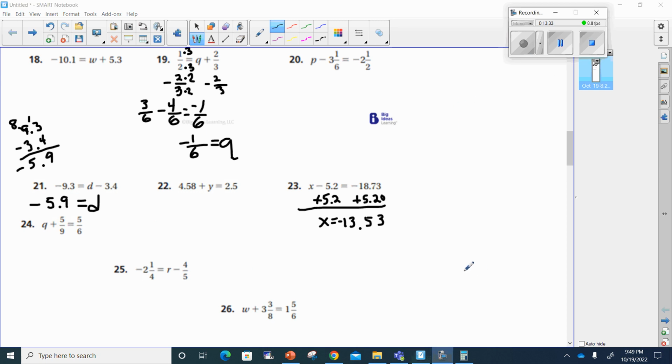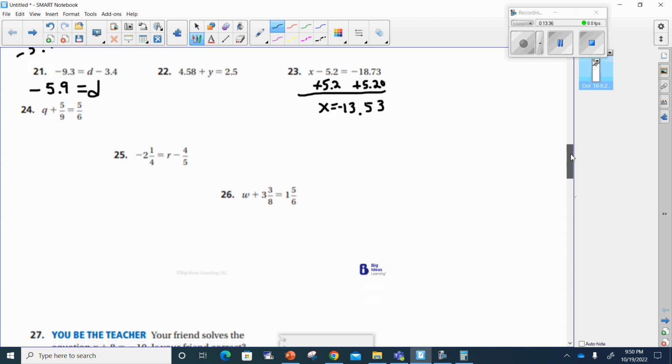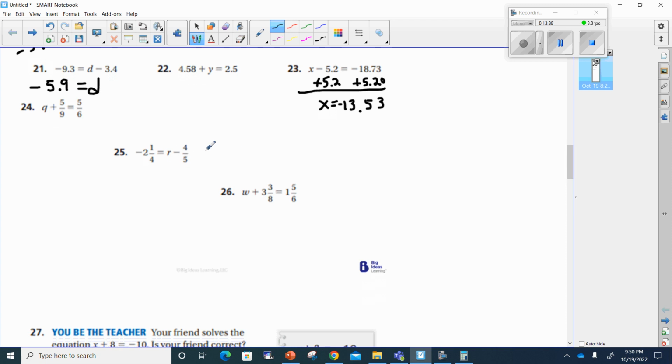All right, let's work at number 25 next. When I do this, I realize I'm going to have to add 4 over 5 to this side to get rid of a negative 4 over 5, which means I'm going to have to add 4 over 5 to this side. Since I'm adding here, this is a positive 4 over 5 minus 2 and 1 fourth.